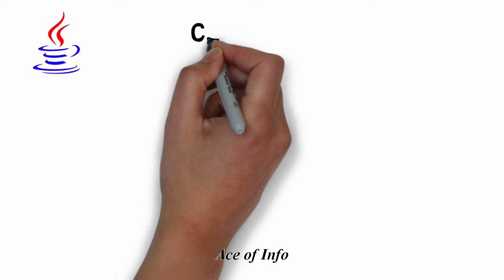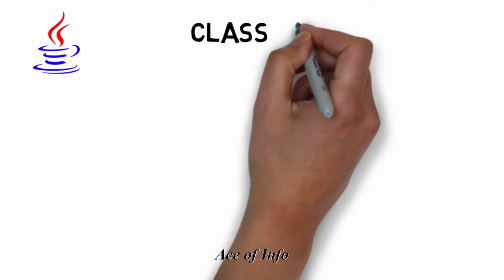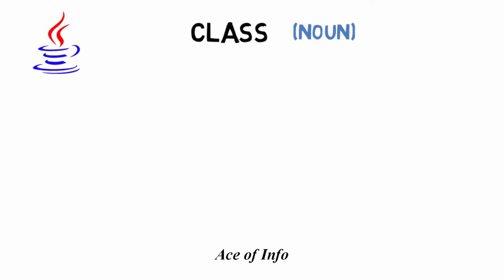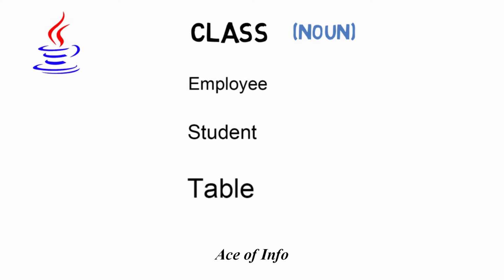And when you are naming a class, it should be a noun, and the first letter should be capital. For example, Employee, E capital, Student, S capital, Table, T capital. These are classes, and they are also singular.